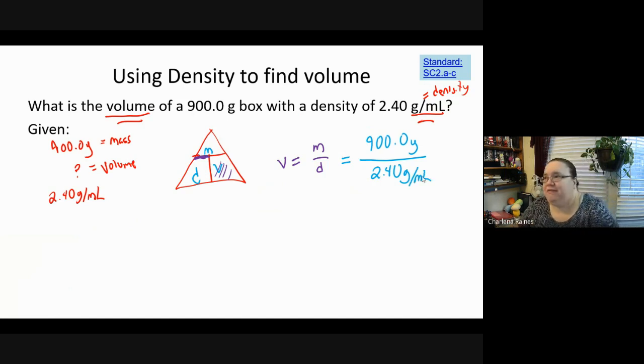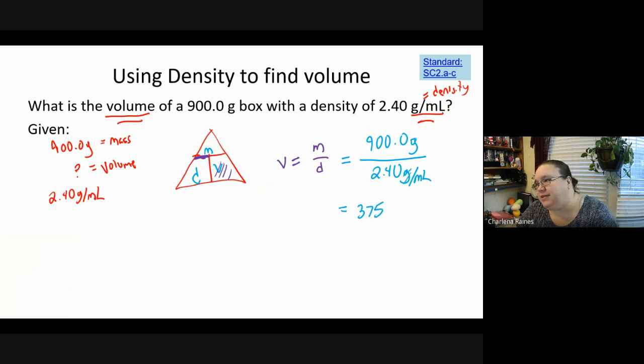So notice how we have a G divided by a G. That means the grams cancel out, because when I have anything divided by itself, it is 1 and 1 disappears. So unit divided by itself basically cancels out. So I'm going to take my 900 and divide it by 2.40. Handy dandy calculator gives me 375.